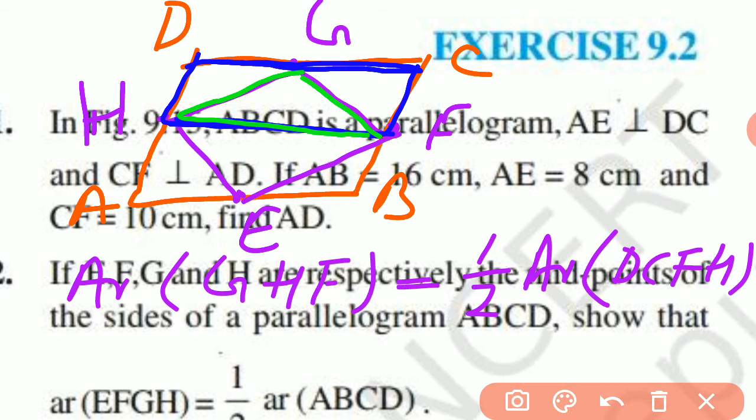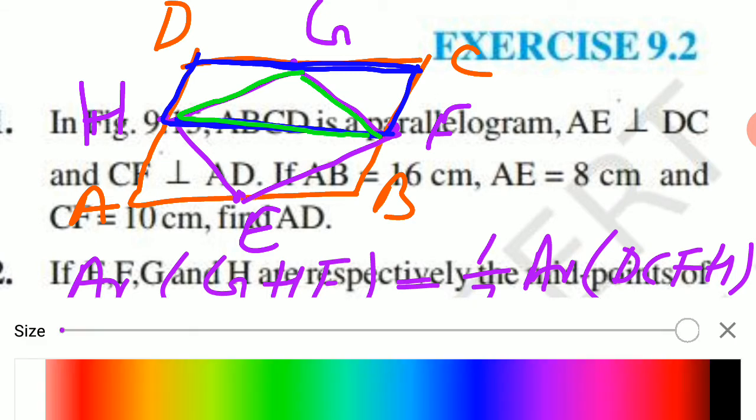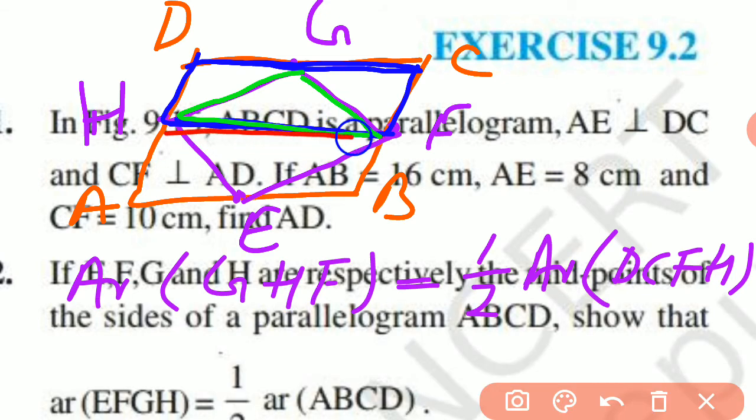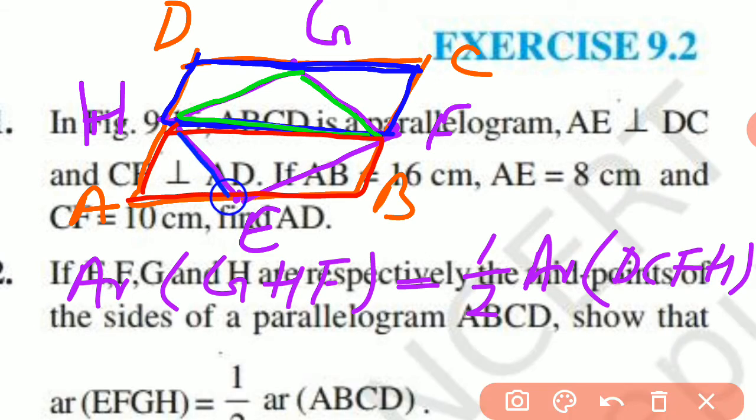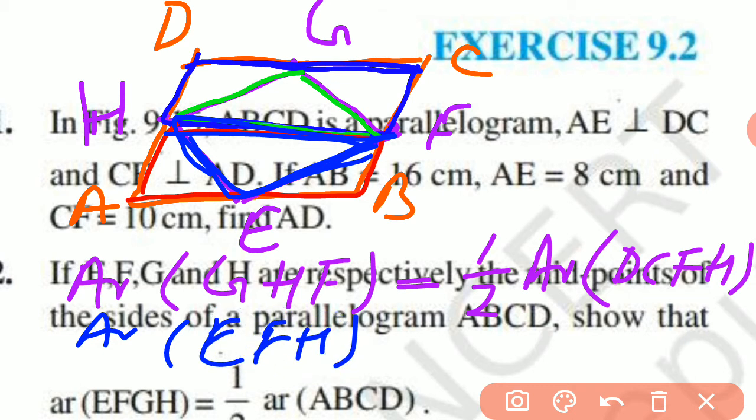And similarly, in the below, this is the next parallelogram, and here this is the triangle. So the area of this triangle is half of the area of the parallelogram. So area of triangle EFH is equal to half of the area of parallelogram ABFH.